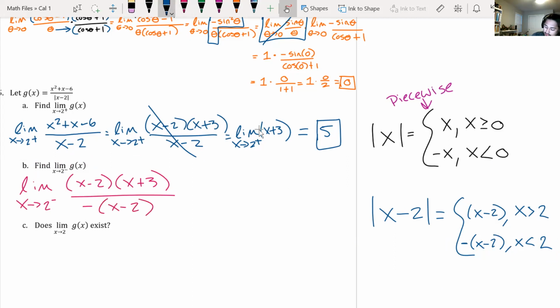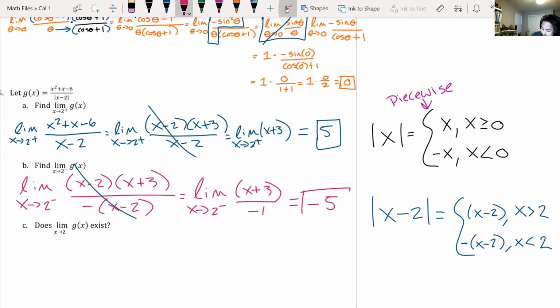And just like the above, your x minus 2's cancel. And you're left with the limit as x approaches 2 from the left of x plus 3 over negative 1. And what is my limit value here? Negative 5. Good.